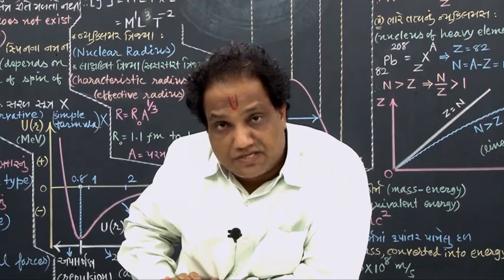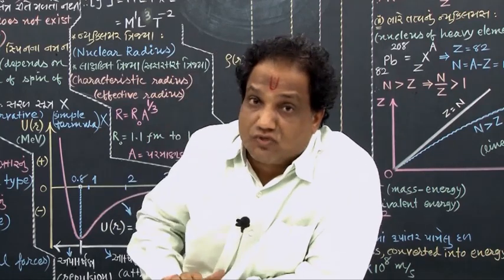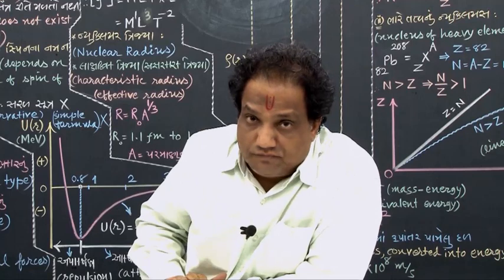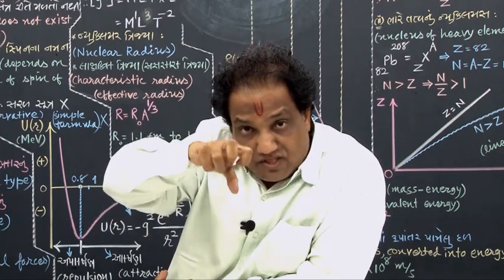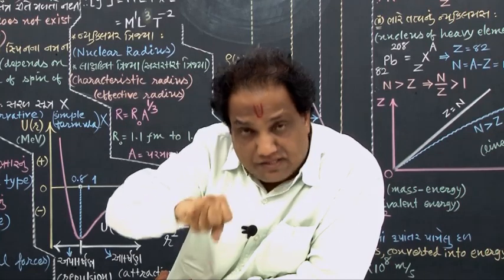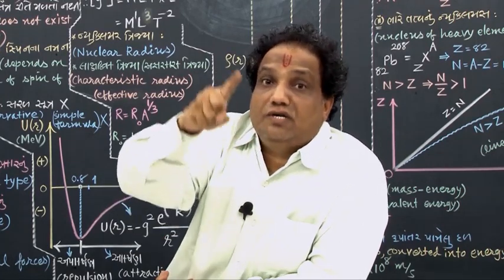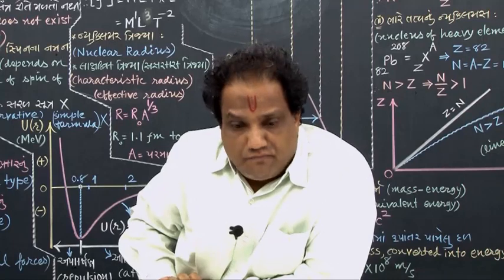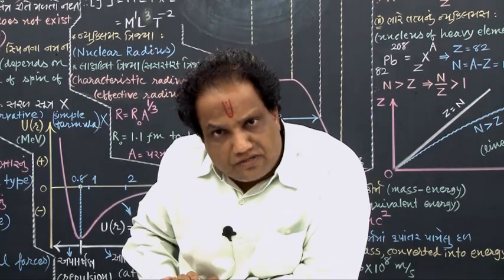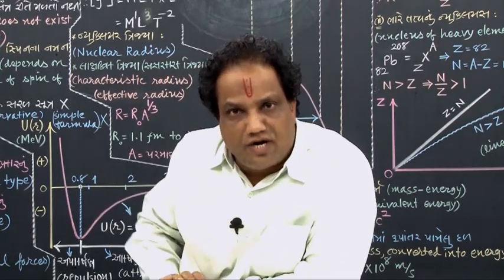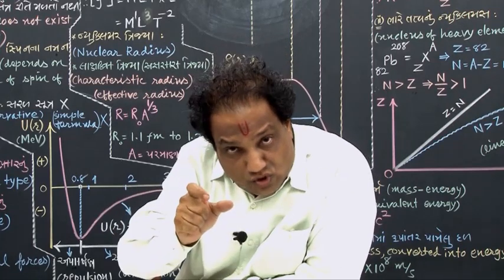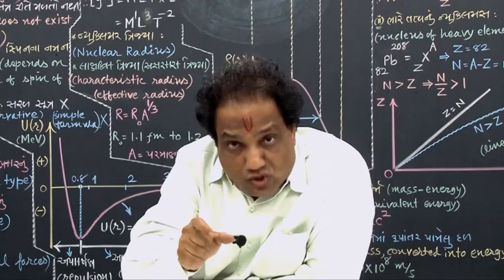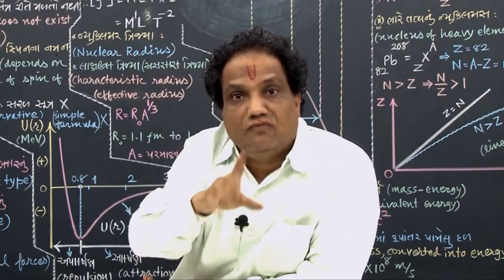Correct. And when further research was made, we came to know that such attractive forces prevailing between the nucleons inside the nucleus do not depend on electric charge, meaning they are charge independent. When they are charge independent, such forces can be exerted between two protons, between two neutrons, and between one proton and one neutron.